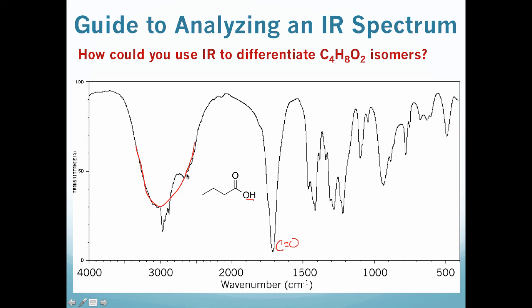And then kind of buried in here with the OH stretch, below 3000, again our C sp3 hydrogens. And then you can see here just above 1200, that is our C sp2 oxygen stretch, and that corresponds to our carboxylic acid.